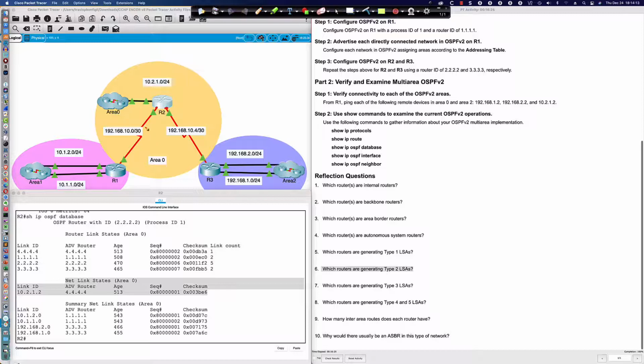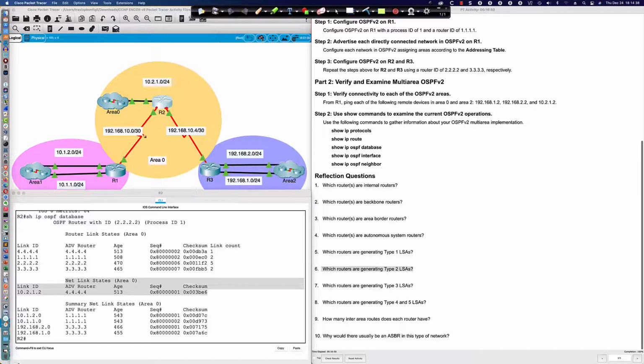Let me ask you, who's the DR going to be on this transit segment? Exactly. There is no DR-BDR election that will take place, or I should say the DR election, and then ultimately the BDR will be whoever's not going to be the DR, given that you've got two routers there. So on a point-to-point network type, there is no DR-BDR election.